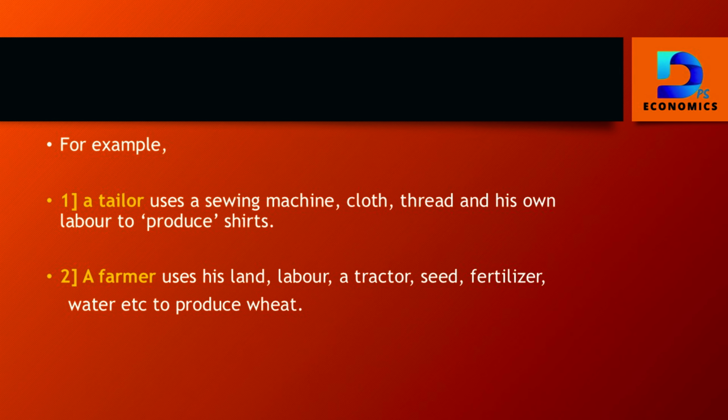For example, a tailor uses a sewing machine, cloth, thread, and his own labor to produce shirts. A farmer uses his land, labor, a tractor, seed, fertilizer, water, etc. to produce wheat.